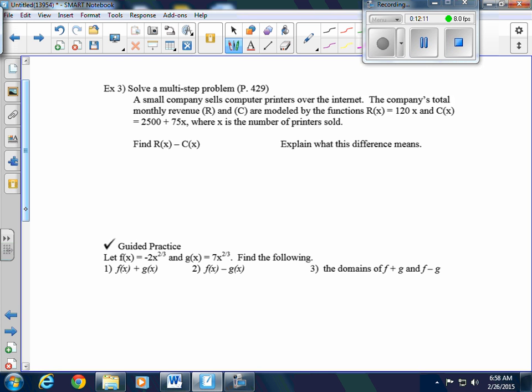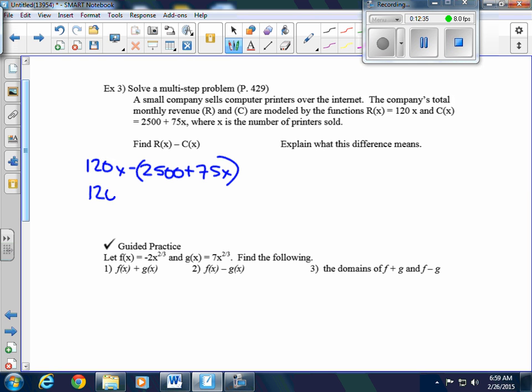So x is the number of printers sold, R is the revenue for the month, and C is the cost for the month. We want to find R of x minus C of x. So we're going to just simply write those in. We're going to have 120x minus 2,500 plus 75x.